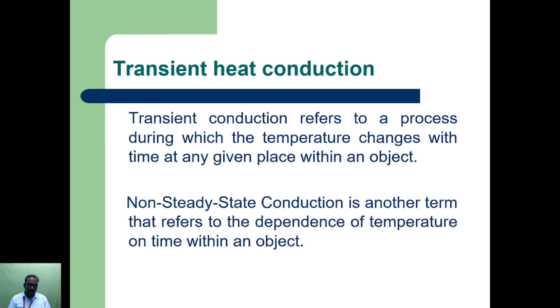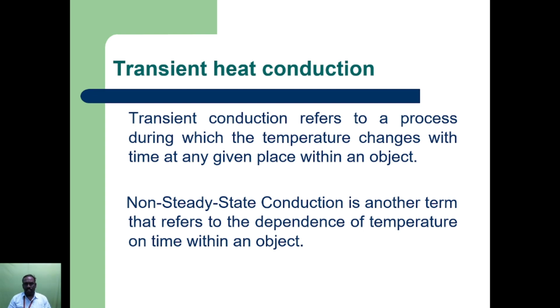Then we discussed fins, triangular or rectangular, circular cross section, and the effectiveness and efficiency formulas. Third, we discussed critical radius of insulation: adding insulation increases heat transfer up to the critical radius, then decreases. Now we discuss transient heat conduction.